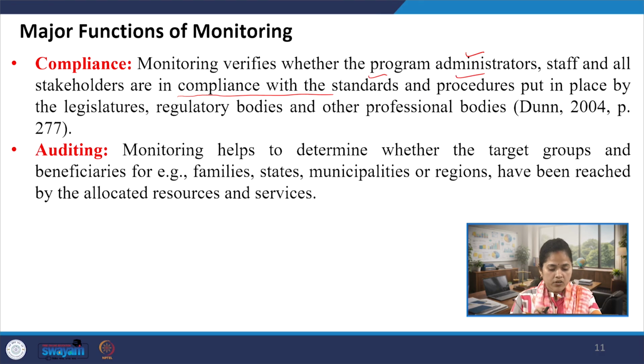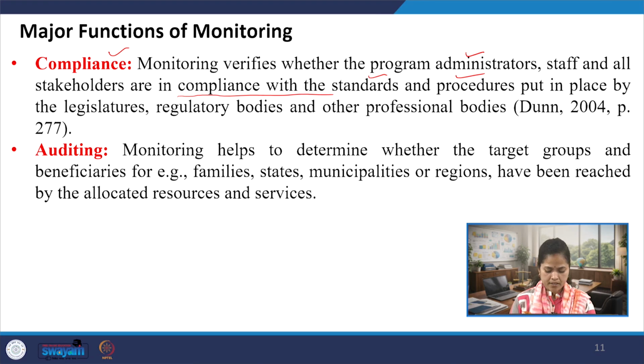And the second major function of monitoring is auditing, okay. Before understanding the role of auditing in monitoring activities, let us understand what auditing is. For compliance we understood that it is all about adherence to the existing standards, guidelines, procedures or regulations.